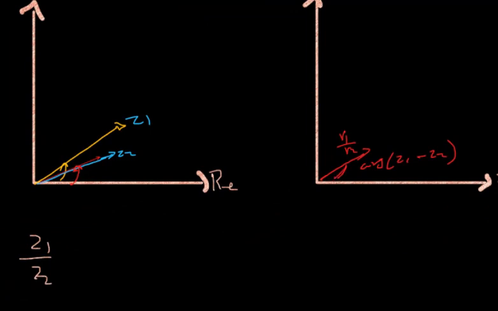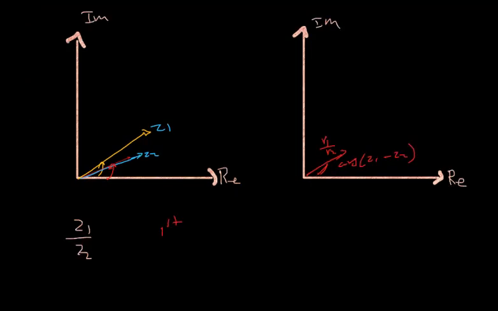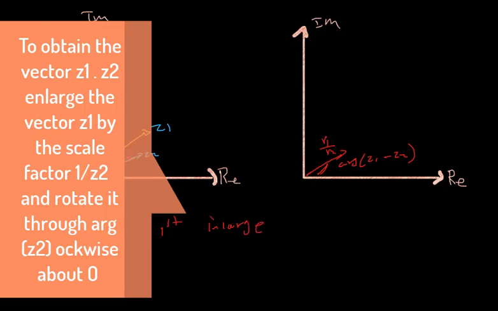So in order to find z1 over z2, the first thing is you have to enlarge z1 by a scale factor of 1 over the modulus of z2. Obviously you're decreasing.